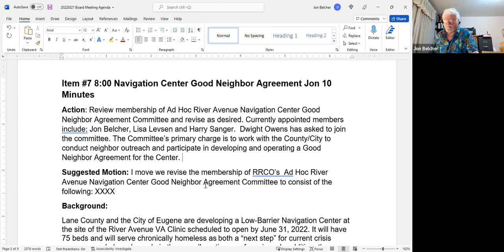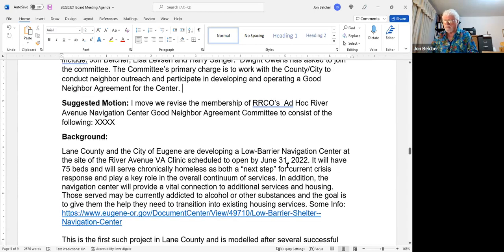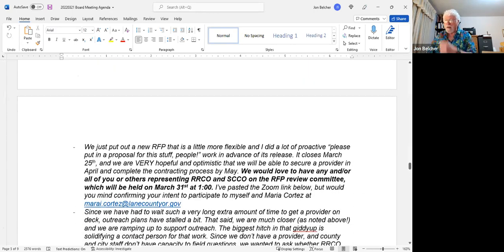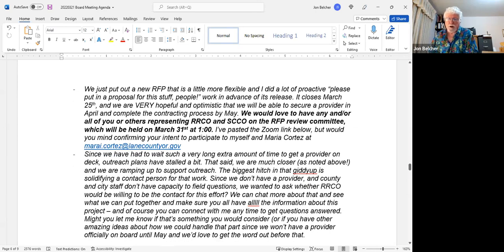So we had previously formed a good neighbor agreement committee. We had tentative discussions with the county, primarily, they're the primary people involved, about how we would go about doing this. We have since heard from the Eugene Chamber of Commerce that they're willing to help us in doing outreach to the businesses that surround that area, which is most of their neighbors. And we received an email, which I shared with you, asking us to send one or more people to that RFP evaluation process.